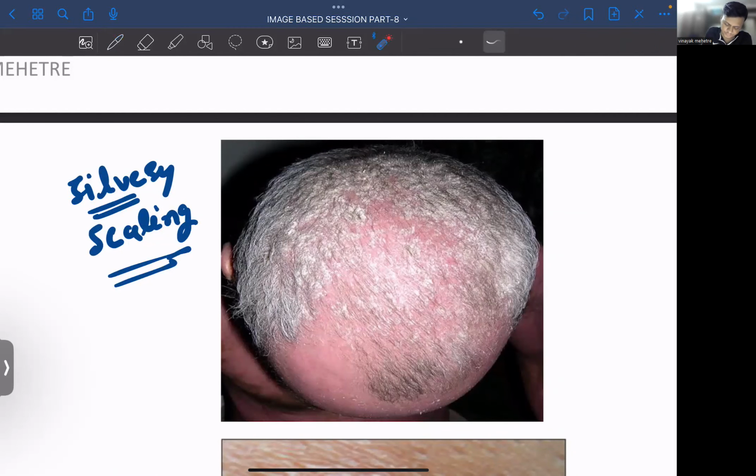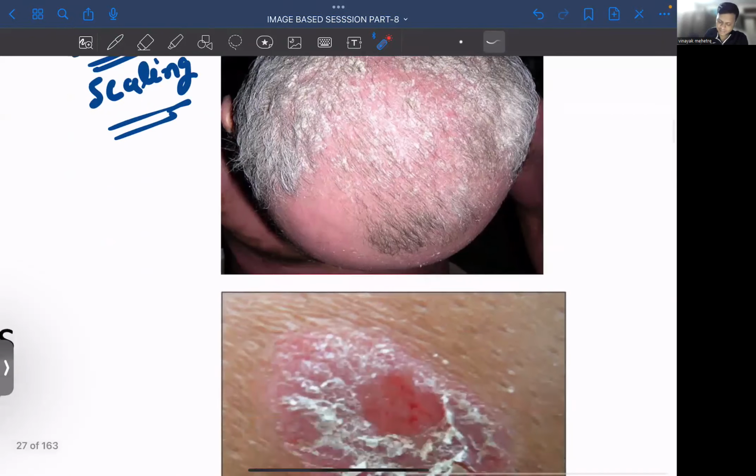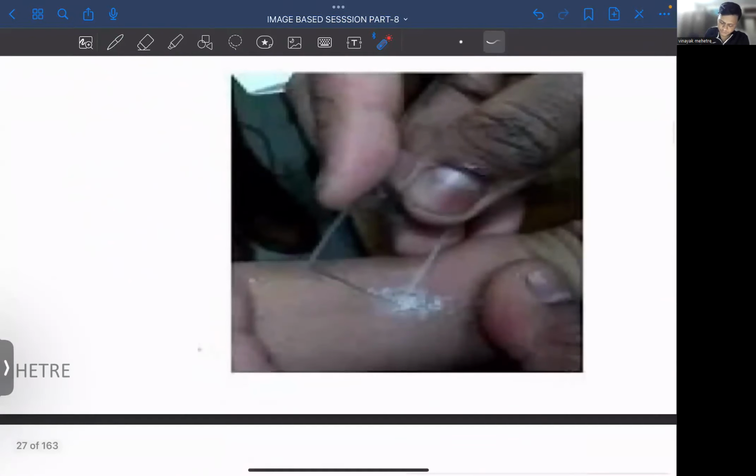Patient will have, देख रहे हैं ना, सिल्वर जैसा, silvery scaling. Now, if I take a glass slide and try to scrape it, what is that sign called? Yes, it is called Grattage sign. स्केल लिया और उसे स्क्रैप कर रहा हूँ सोरियासिस के लीजन को, that is called Grattage sign.